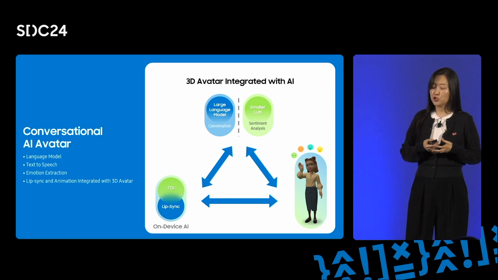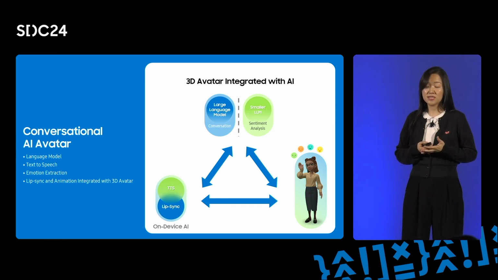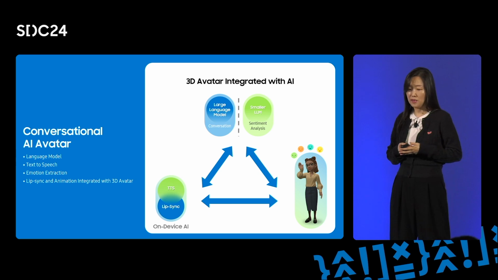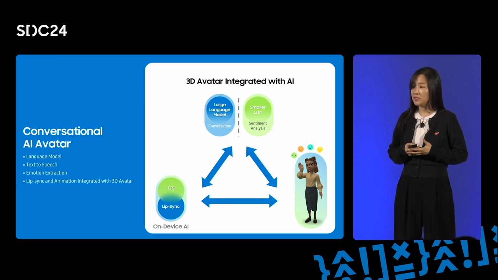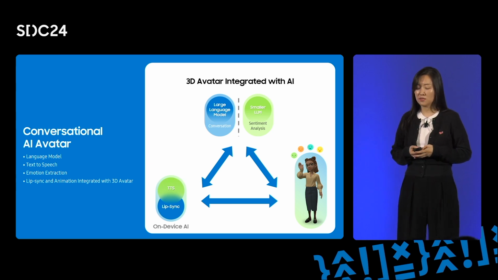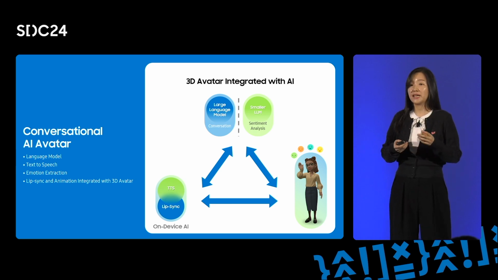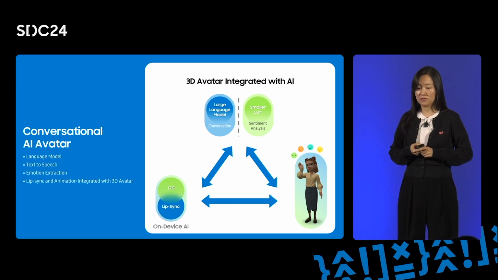Then lip syncing ensures the avatar's lips move in sync with the audio. Lastly, sentiment analysis expresses emotions and behavior through facial animation and body movement. By combining all these elements, we can create an interactive AI avatar.